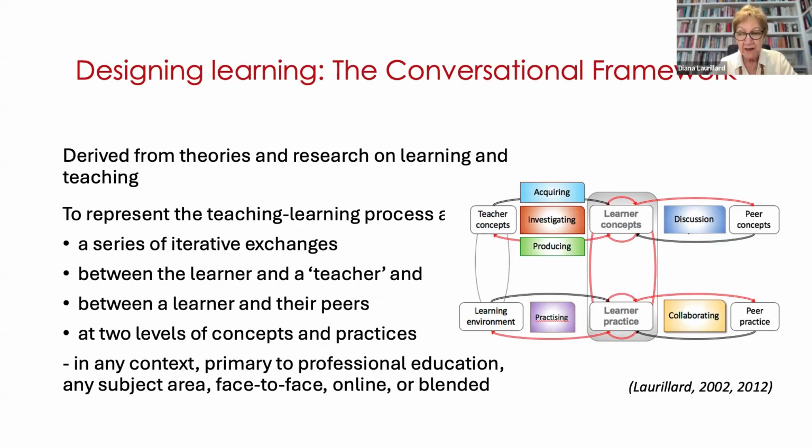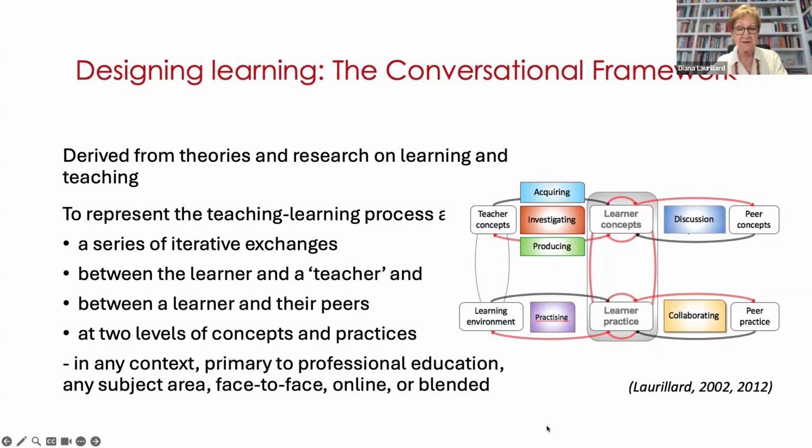And it pulls all that together into representing the teaching learning process as basically a series of exchanges between the teacher on the one hand, the learner here, and the learner and other learners. This way of viewing the teaching learning process describes essentially what it takes to learn. So that's what I want to use as an educator to create and test the pedagogic value of any new digital methods we're likely to use.